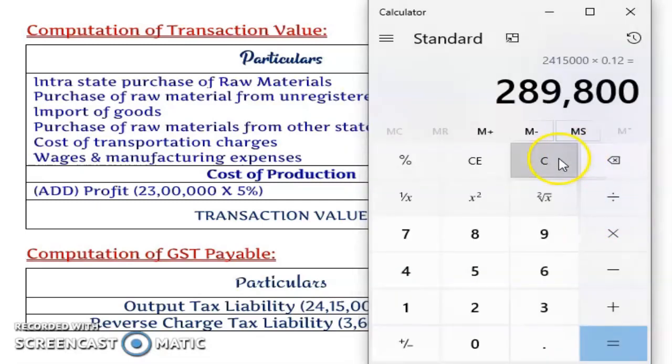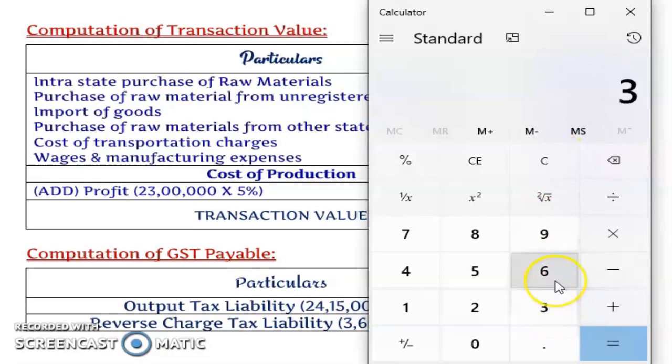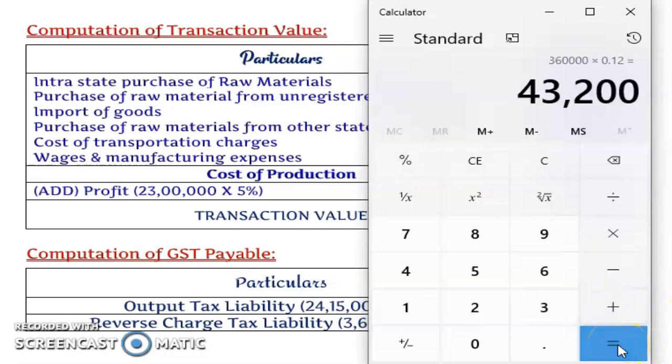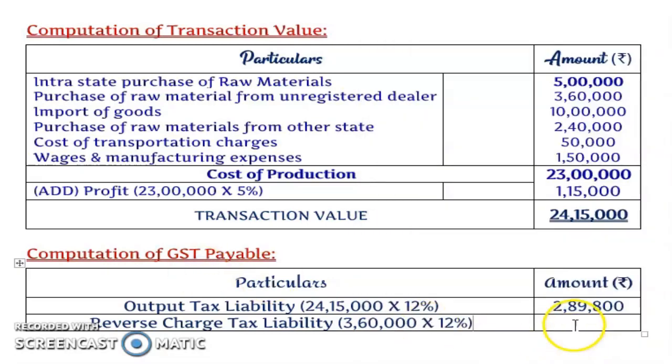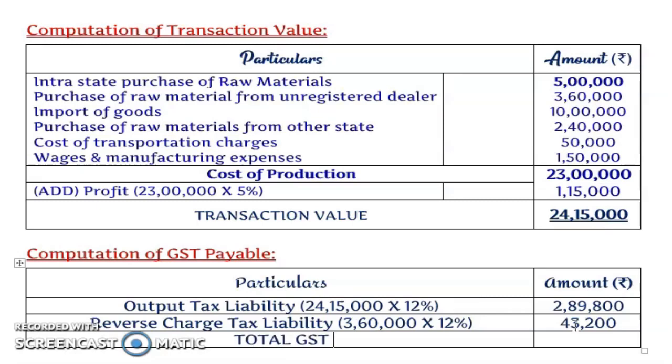So let us do that. 3,60,000 into 12%, which is equal to 43,200. So that will be the reverse charge tax liability, 43,200.